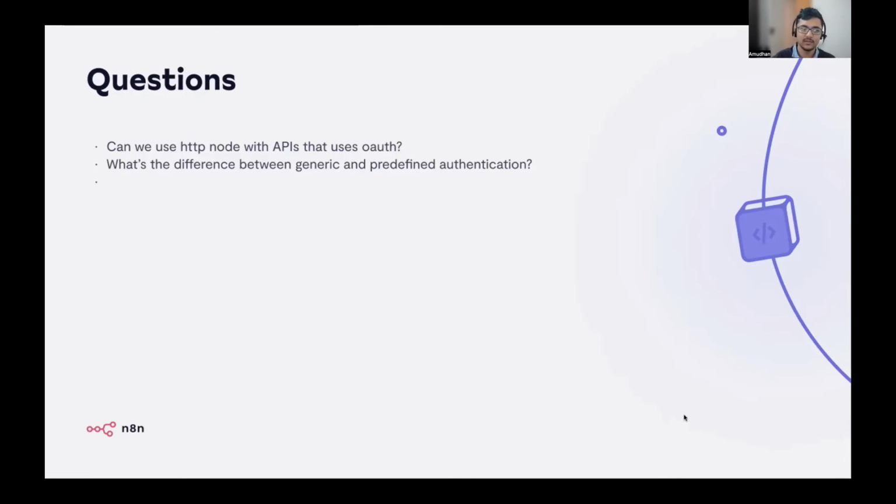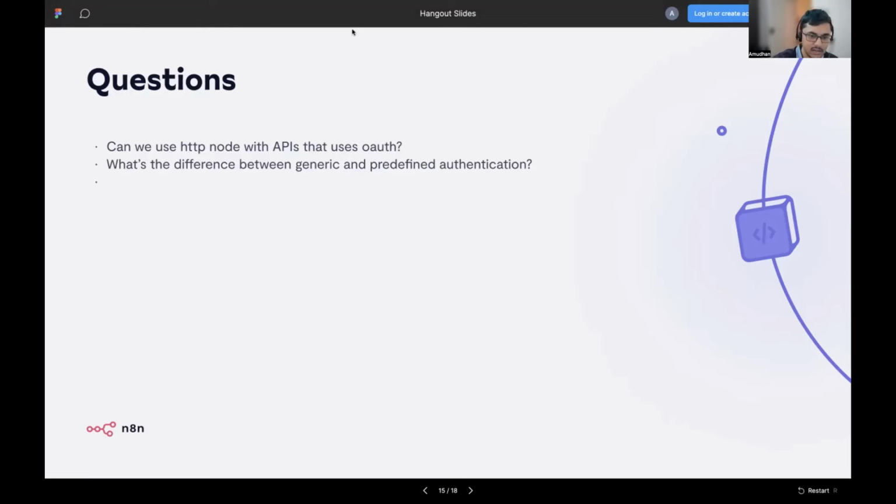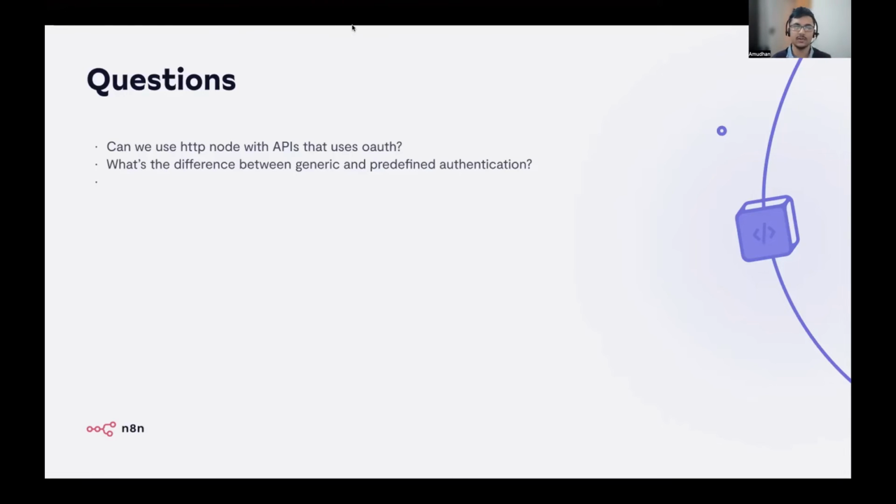But instead of configuring a separate credential just for that HTTP request, I used the same credentials that were saved for the Mattermost node. That's predefined authentication. Generic authentication is when you configure something for a node that's not already there, and you might have to do it for every single HTTP request node, and there is not much reusability.